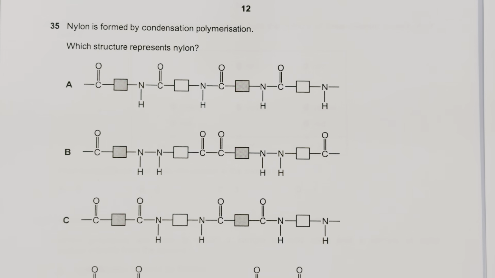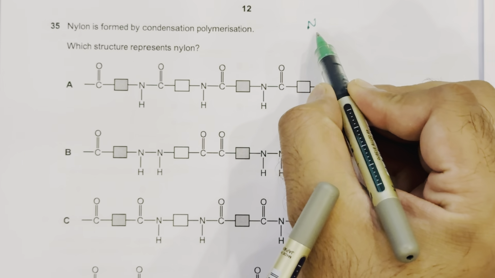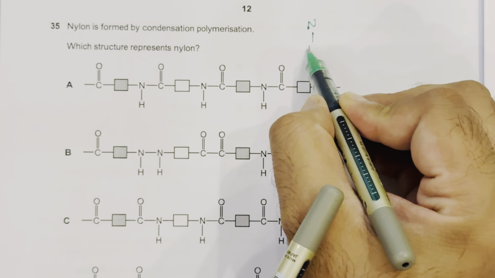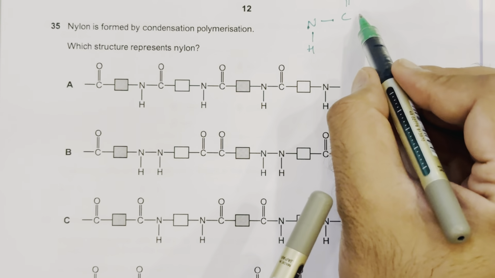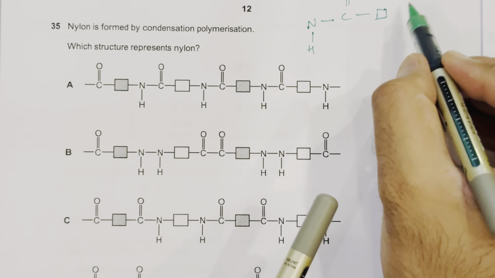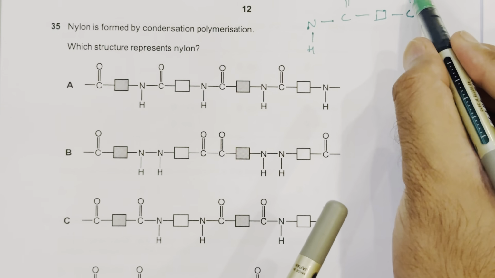Moving to question number 35. Nylon is formed by condensation polymerization. First we need to understand the structure of the amide group that should be present in nylon. It is like that, a bond with C and a double bond with oxygen.